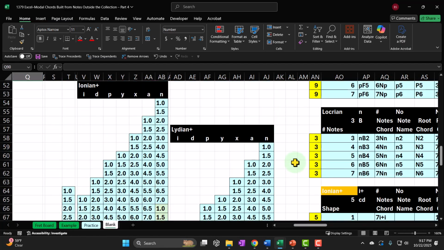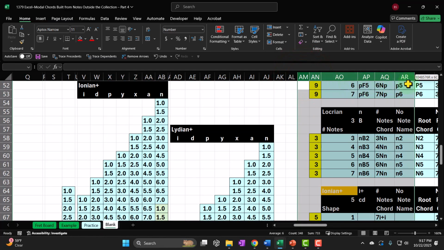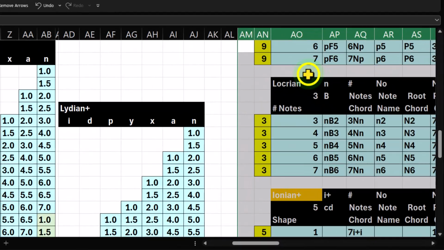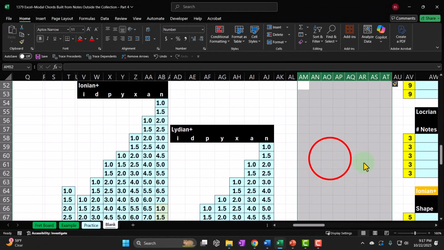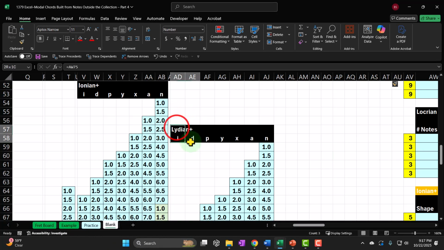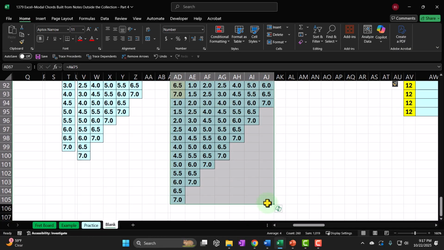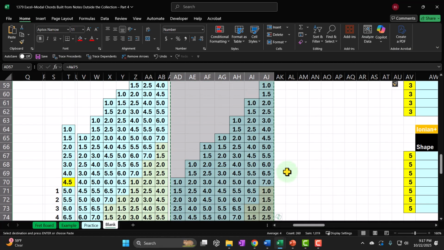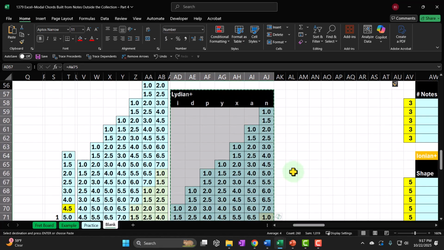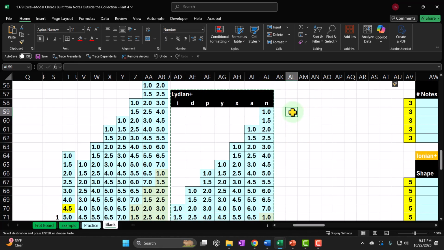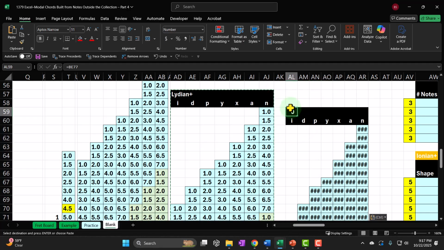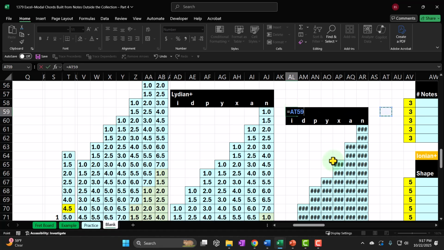So I'm going to go up top and insert some more columns, right click and insert. And then I'm going to copy this bit from here down to here. I'll copy that bit. And then I need to put it down a little bit, maybe like right there. Paste. This is going to be equal to the Mixolydian, the red one.